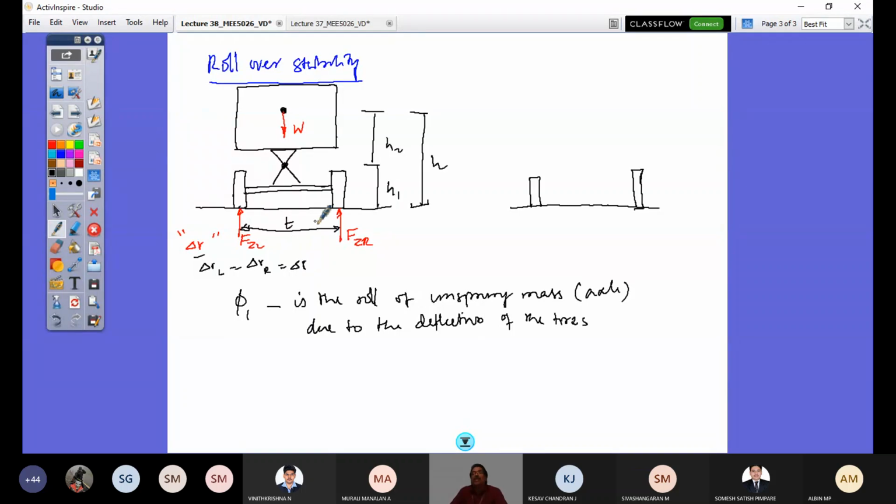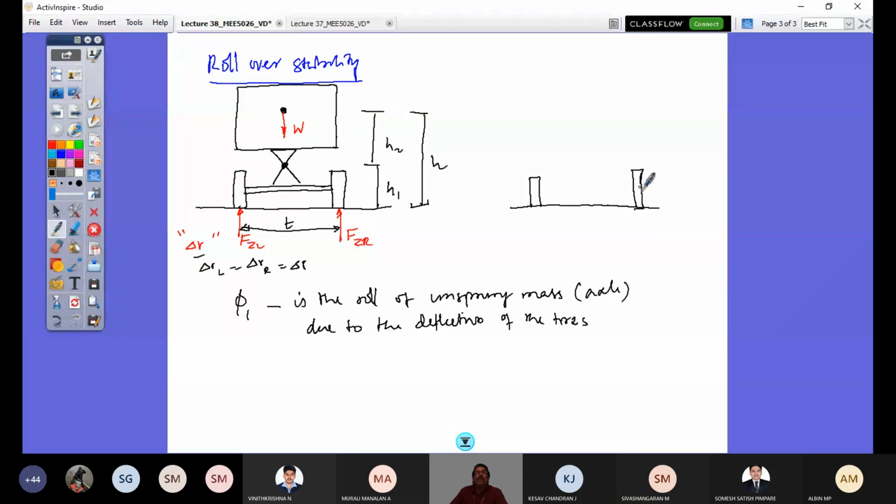But when it is taking a turn, since the load comes on this side, the tire deflection here is more than that here. So this would reduce in diameter, and the effective radius here is different than here. So this would become almost free rolling. The deflection would disappear at the verge of tipping.